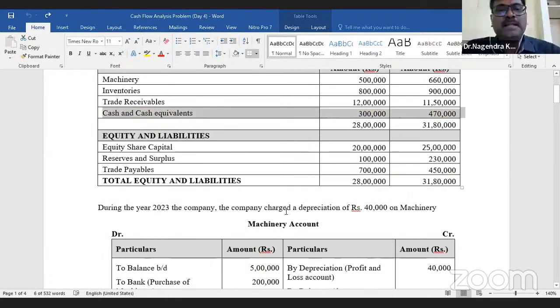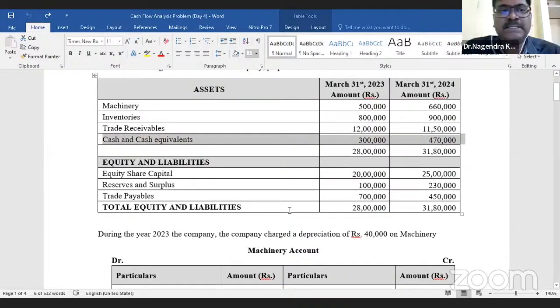Here also some adjustments will be given with respect to non-current assets and non-current liabilities. Same adjustments. Whatever adjustments we do in the funds flow statement, we will do the same adjustments here also. The only difference is that we are taking all the components at a time. We are not taking any separate working capital thing. We are straight away looking at the cash component.